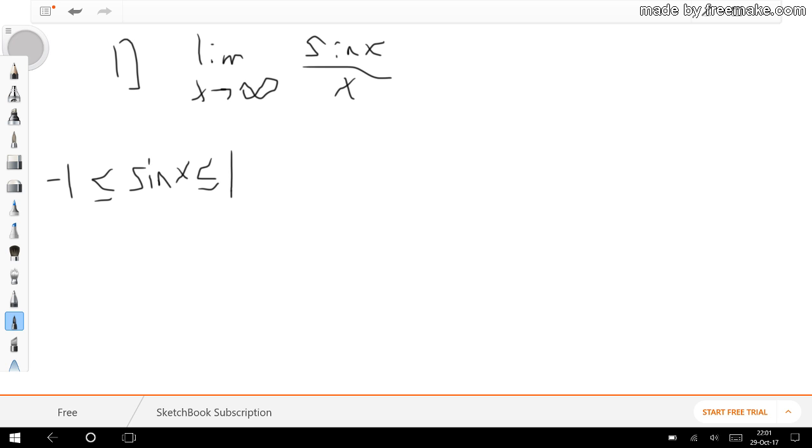But if we think about this, what is the only difference between sine of x over x and what we have now? Actually, I'm going to make this x squared, and that's just so that way this is always true. Any value that we plug in for x is always going to be positive. So it will never mess this up.